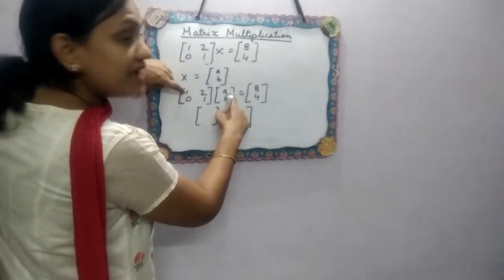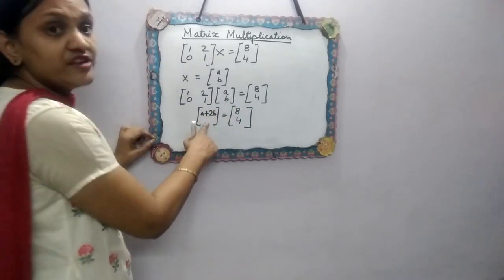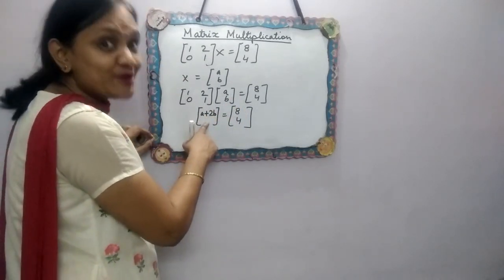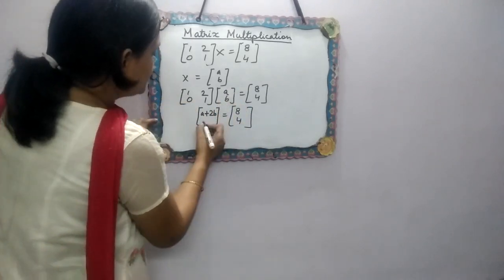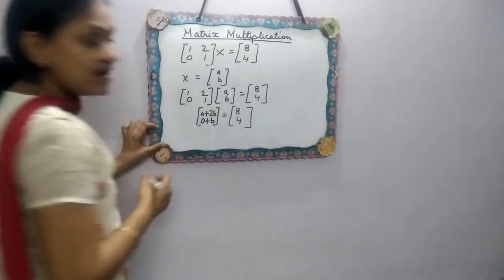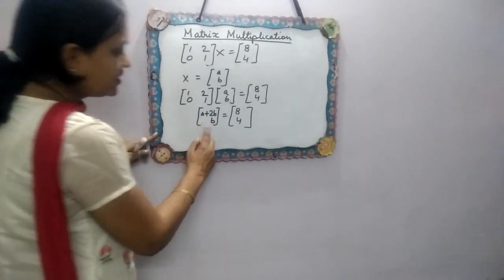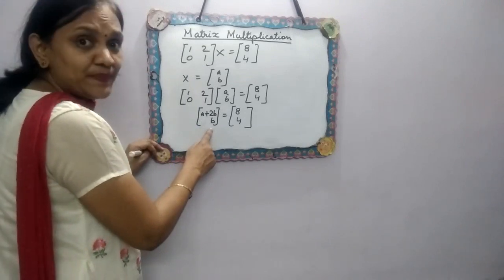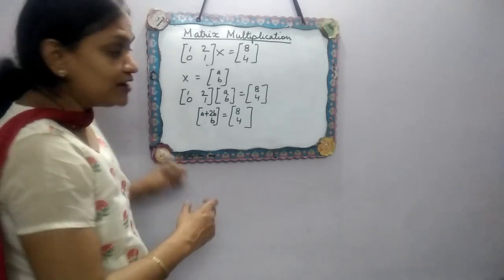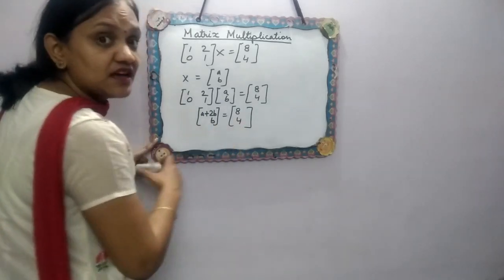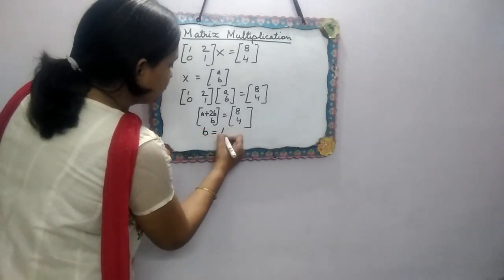So 1 into A and 2 into B. Here we have second row, first column, 0 into A and 1 into B. Now 0 plus B is the same as B. B is simpler compared to A plus 2B. So let's first calculate the value of B. Taking the elements in the corresponding positions, we get B is equal to 4.